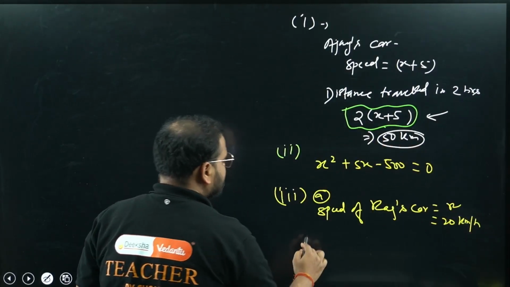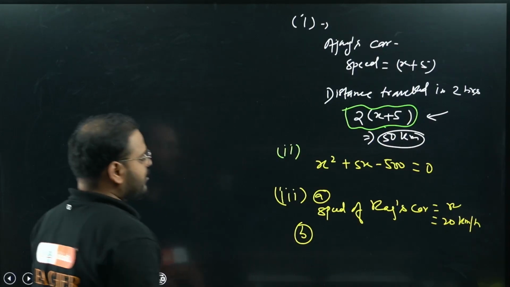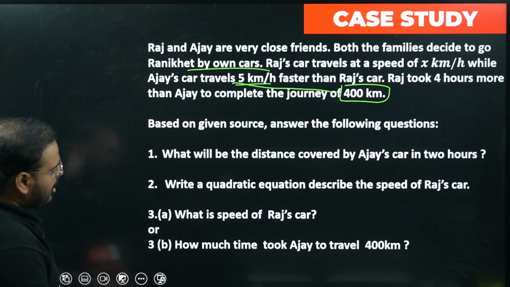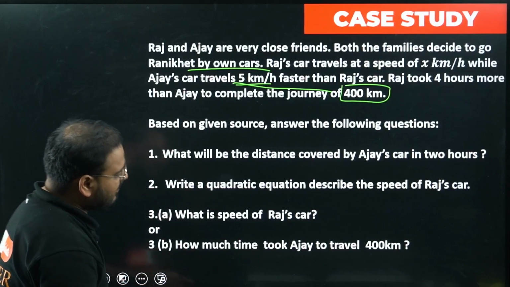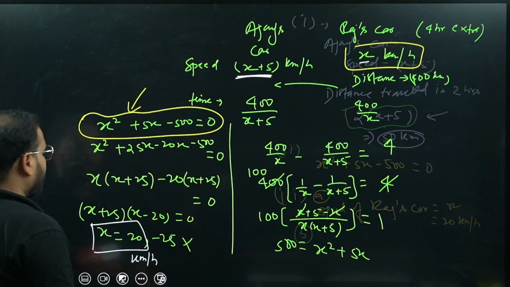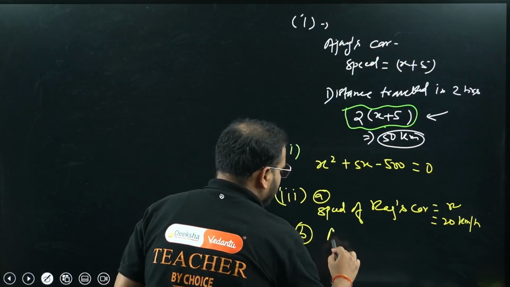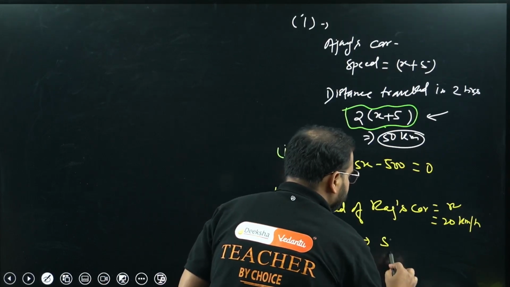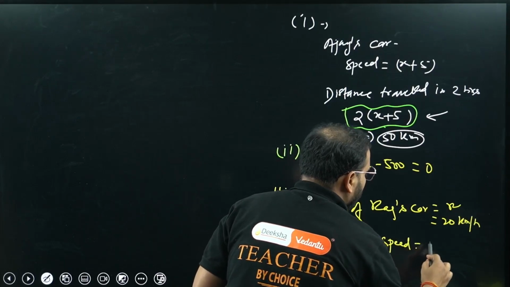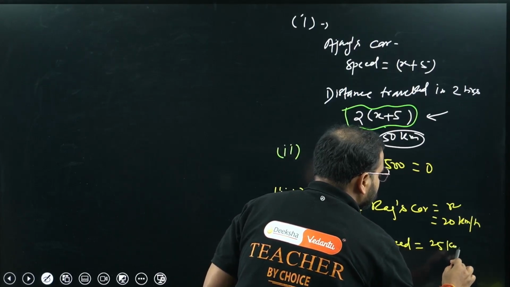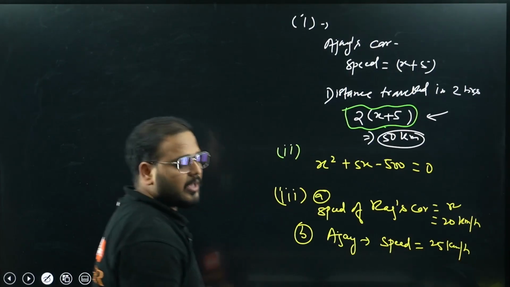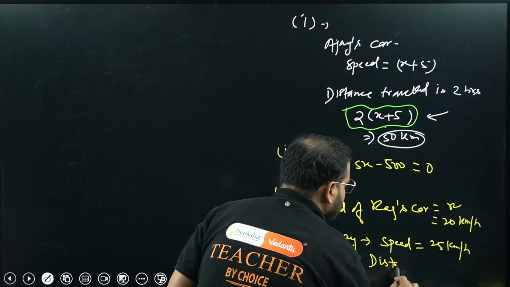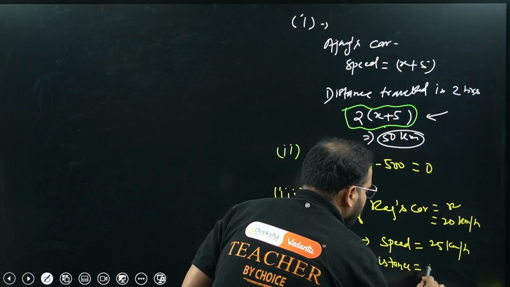Okay, now what is next? 3B. How much time did Ajay take to travel 400 kilometers? For Ajay, the speed is 25 kilometers per hour. The distance is 400 kilometers.